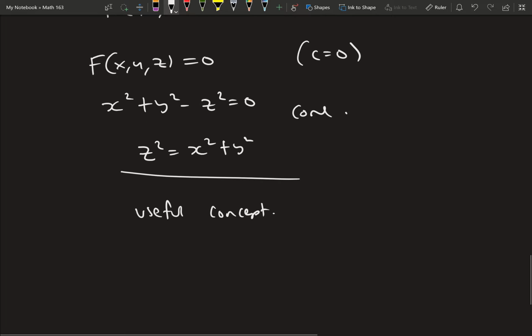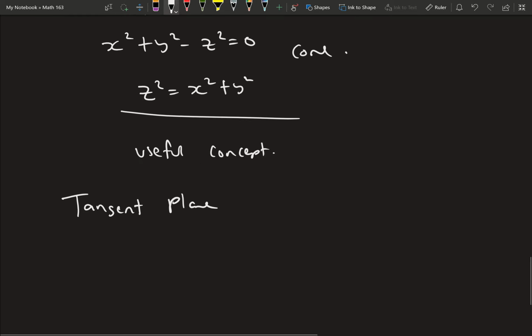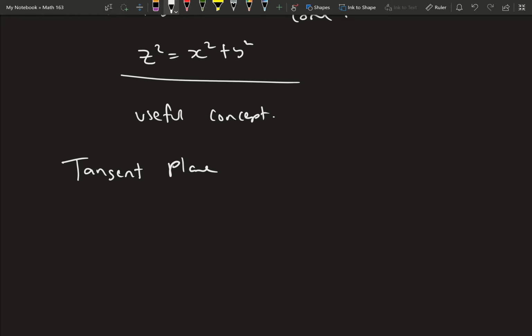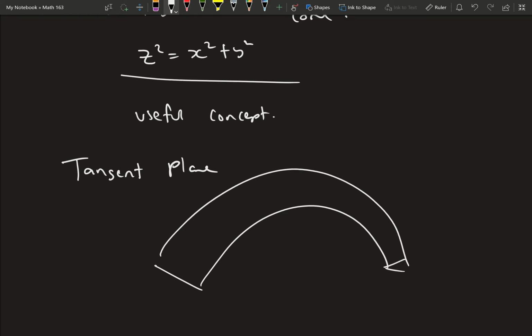We'll see this especially, I'm just going to give a little hint about this, when we see what's called the equation of the tangent plane. So this is basically the idea that if, and we'll formalize all this later, suppose you have a surface that's something like this, and you take a point right here, it turns out there are tangential directions in all directions, really. These are tangential directions.